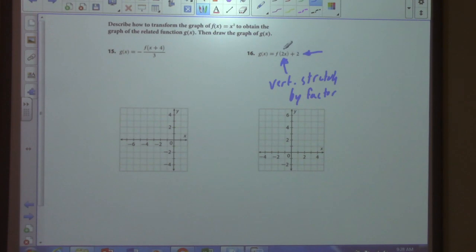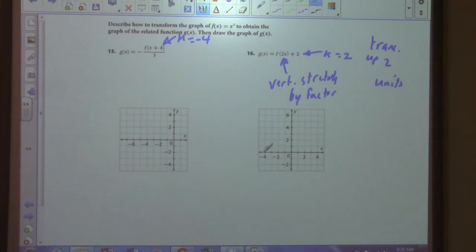Move up, yeah. So this one here is what we call h equals -4. This one here is k equals 2, on the outside. So we'll be translating up 2 units, right?